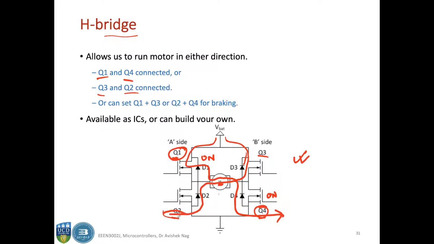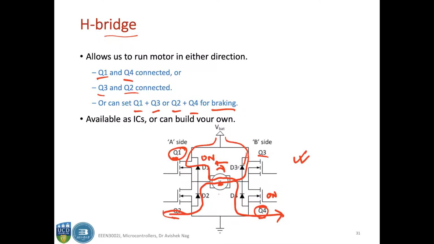Okay, so based on this you can turn the motor either in this direction or in this direction, depending on the current directions, and the current direction depends on which transistors are connected or closed. Or you can also set Q1 and Q3 or Q2 and Q4, okay, for braking. So basically if you do this, then the motor will stop rotating.